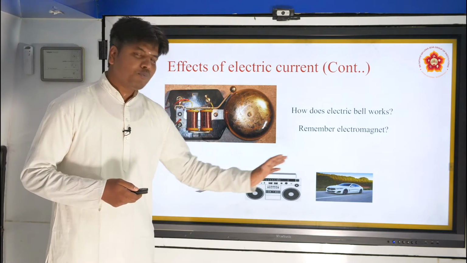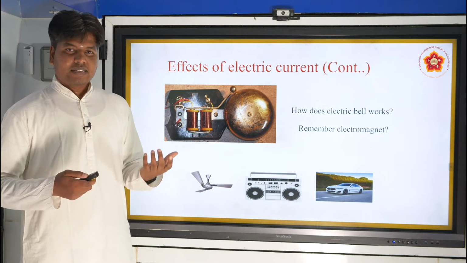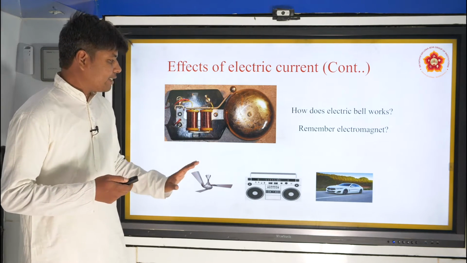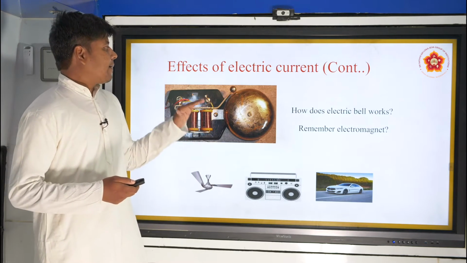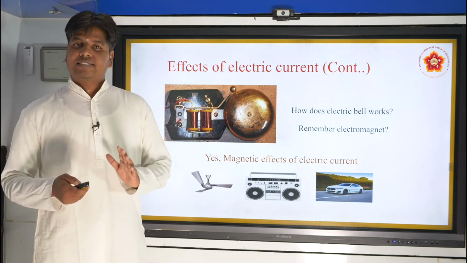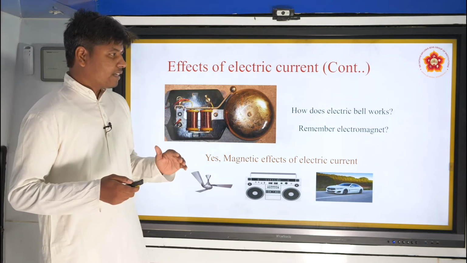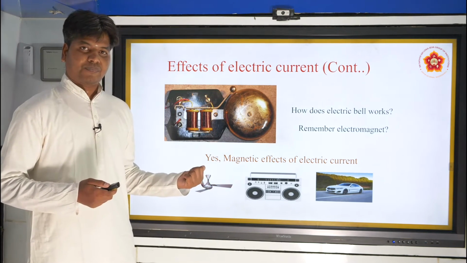And similarly, any motor vehicle, how does it go? So the underlying principle of everything, this electric bell, fan, tape recorder, or any motor vehicle, is the magnetic effect of electric current, which you are going to study in this chapter. It's a beautiful phenomenon, because of which there has been huge progress in the scientific field after this discovery.